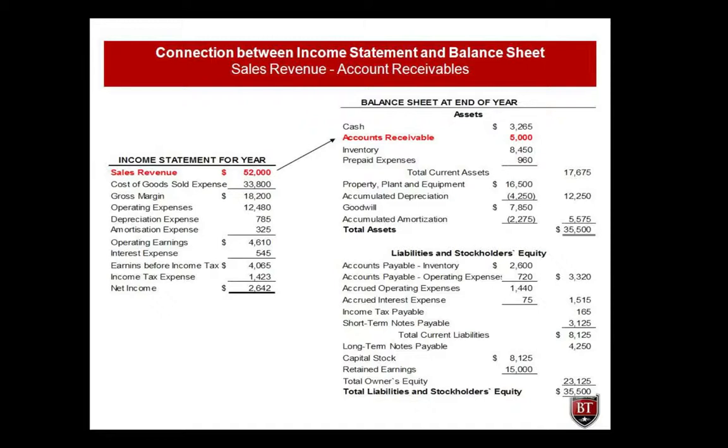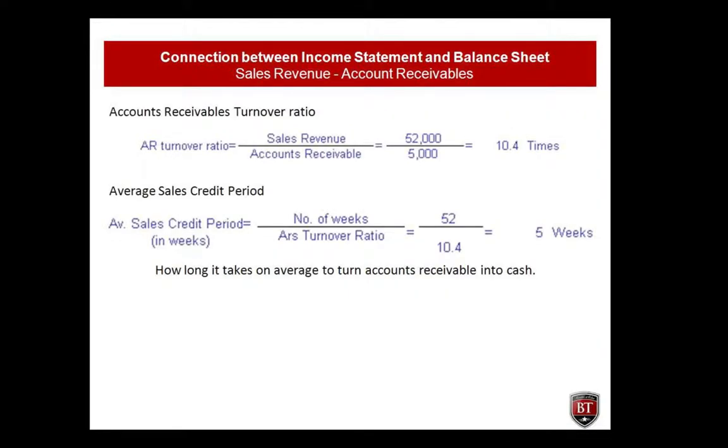Now let's move on to the respective ratios: accounts receivable turnover ratio and average sales credit period. Accounts receivable turnover ratio equals the sales revenue divided by accounts receivable. Based on the financial statements shown on the previous slide, it is 10.4 times. Average sales credit period equals number of weeks divided by accounts receivable turnover ratio.